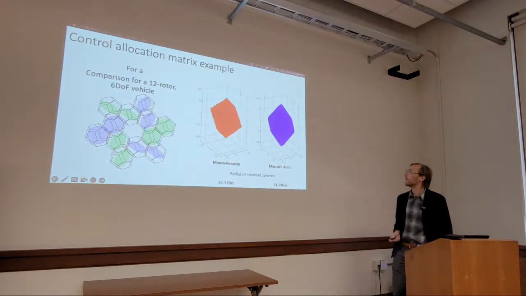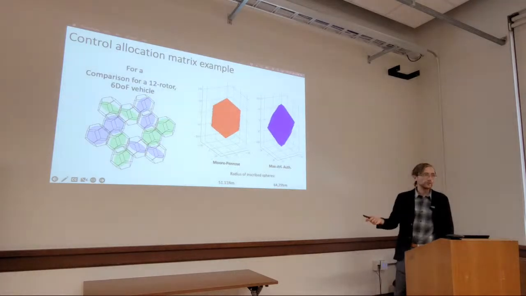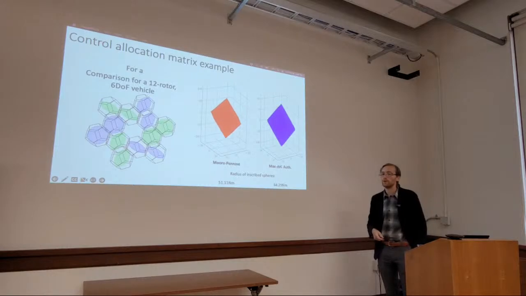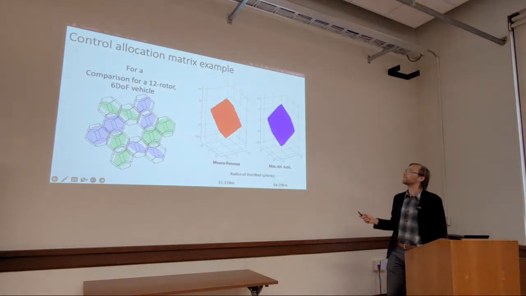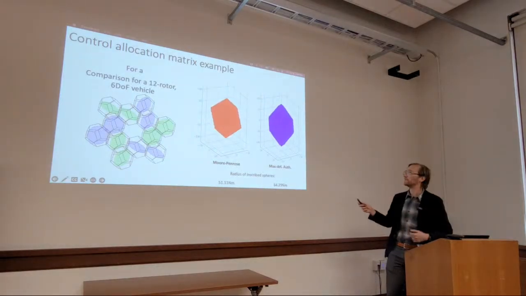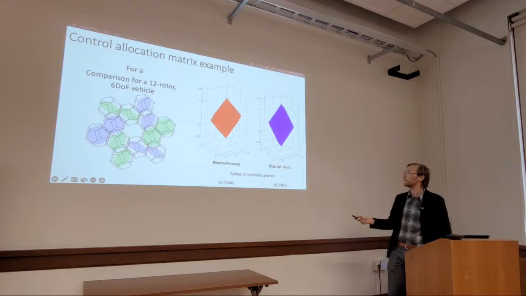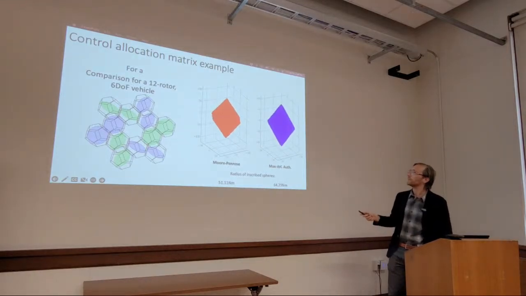We can solve it, and we end up with this shape for all the moments available, which is better than if we use the Moore-Penrose pseudo-inverse, which is the standard way usually of finding a control allocation matrix. It might not be obvious from the shape, but here you have the radius of the inscribed spheres, so the biggest sphere you can fit in this set, and we see that this one is about, I think, 25% bigger than this one.